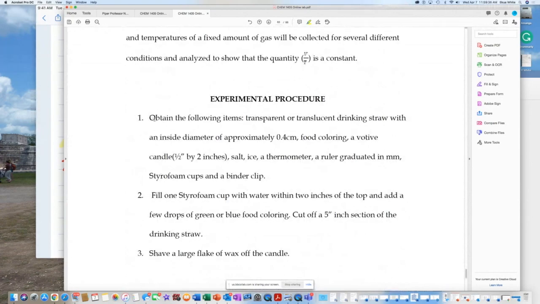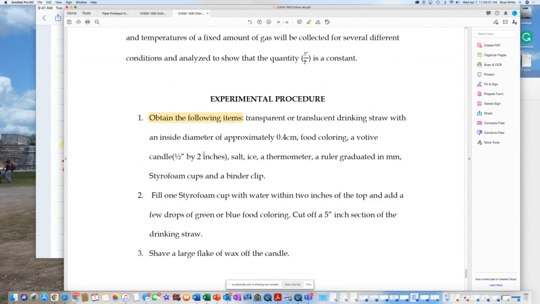Finally, here, the experimental procedure. It says obtain the following items: a transparent or translucent drinking straw. Either one is fine, as long as you don't have a metal drinking straw. We have to see the liquid level, so you want either a transparent or translucent straw.